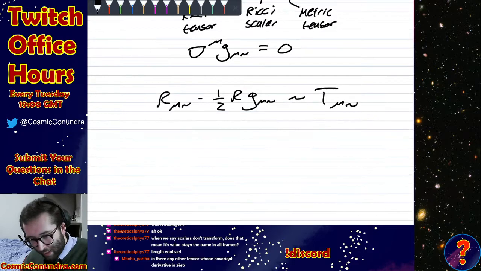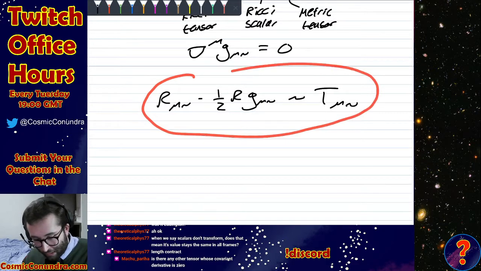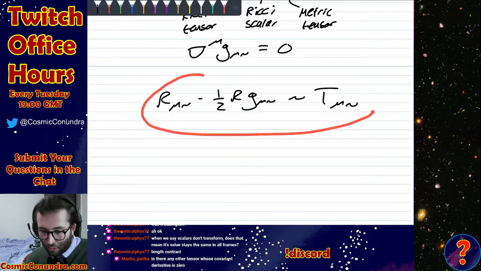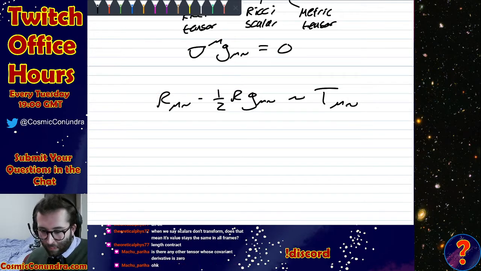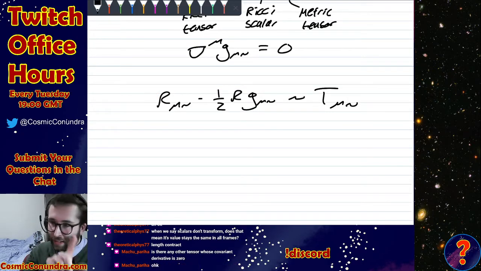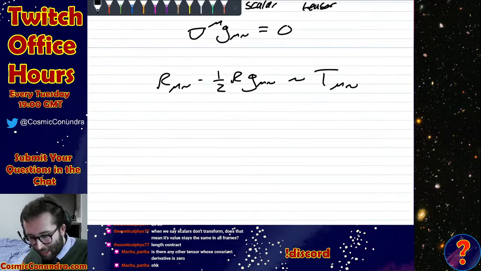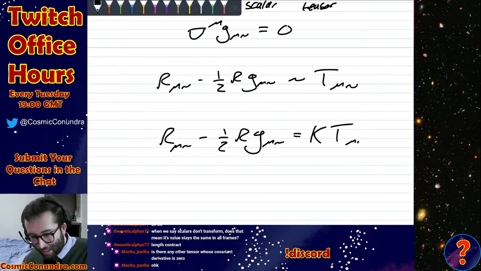Okay, so this is our second guess for Einstein's field equations. So we say this thing is approximately equal. Well, now let's say it's equal to a constant times it.